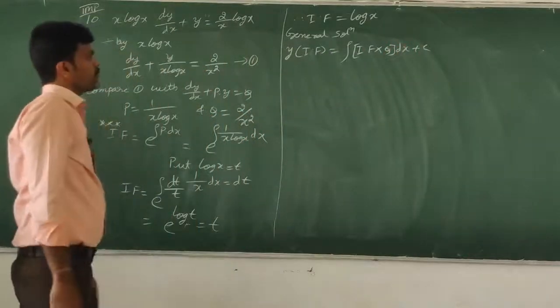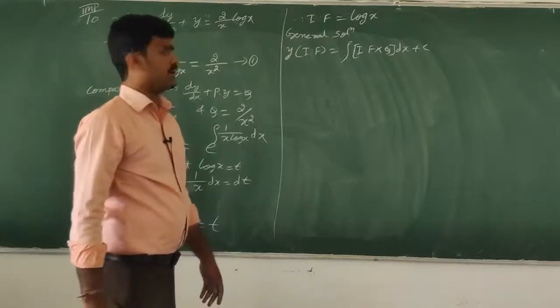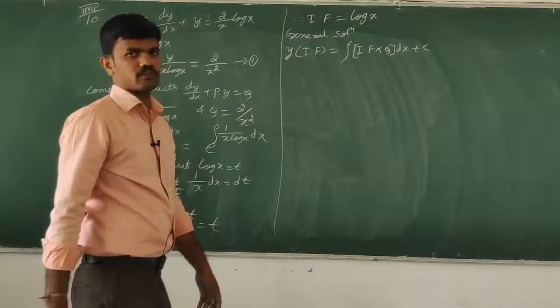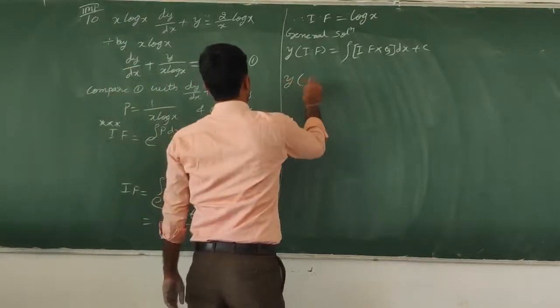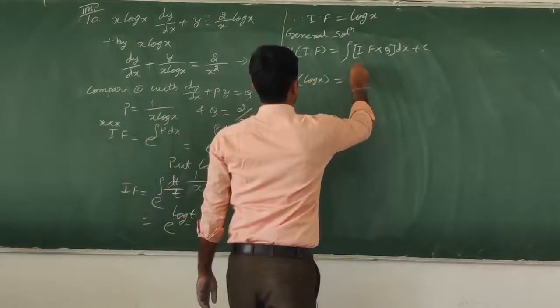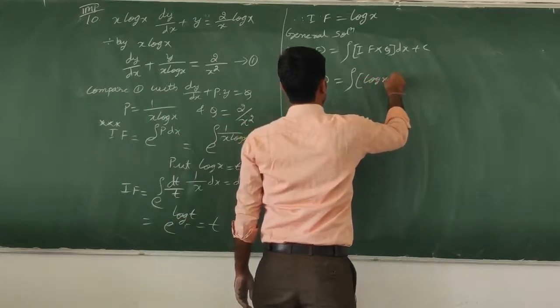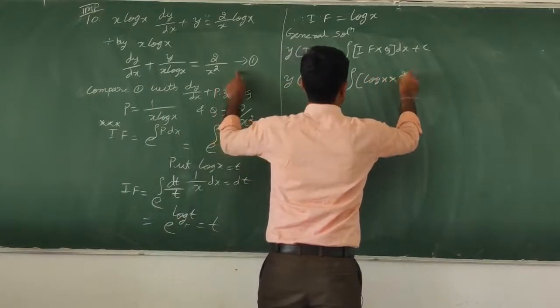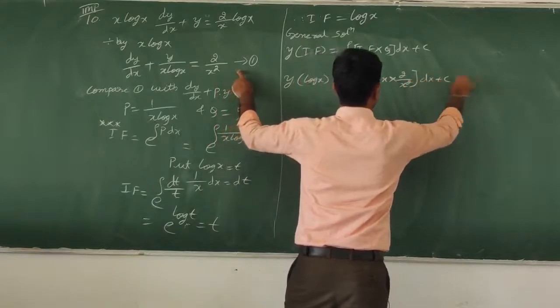So we know the value of integration factor and q value. Q value is 2 by x square, integration factor is log x. Substitute: y into log x is equal to integration of log x into 2 by x square, whole dx plus c.